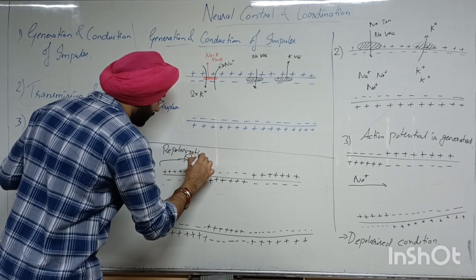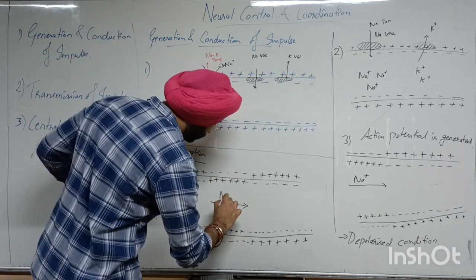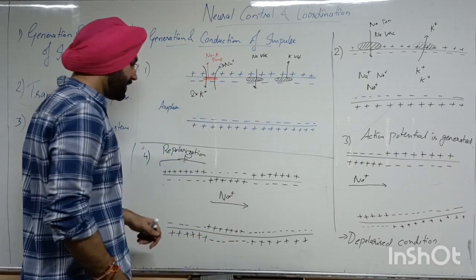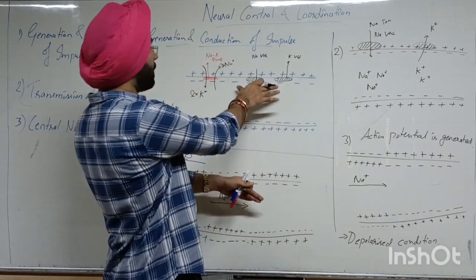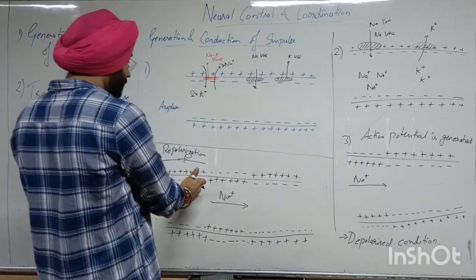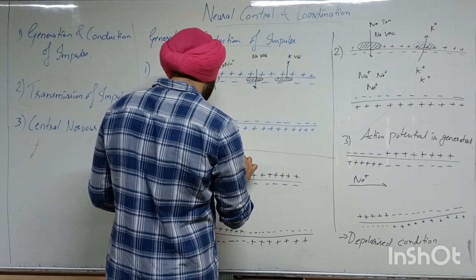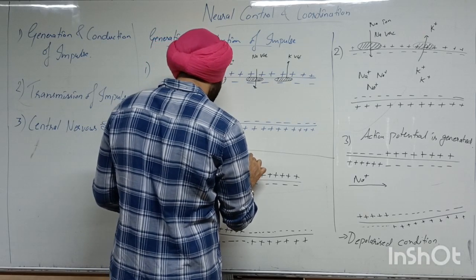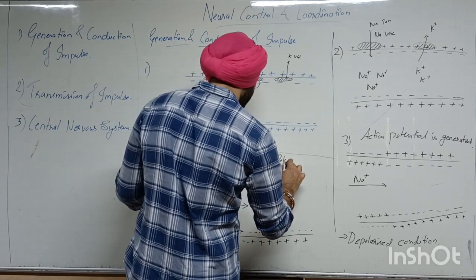Repolarization. And this action potential is now being conducted further due to the sodium voltage-gated channel. The same thing is going to happen like I have mentioned before. This part is repolarization and this is depolarization, and this is again polarized.